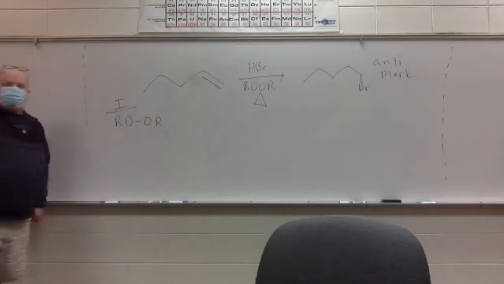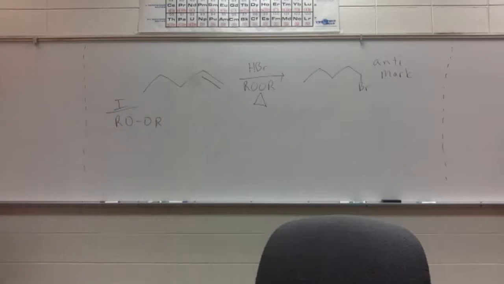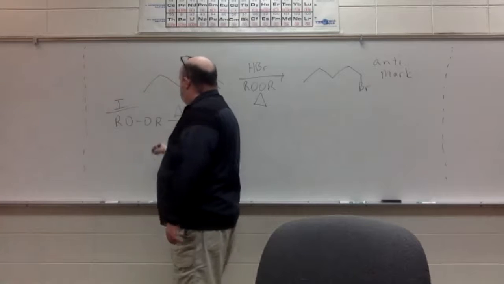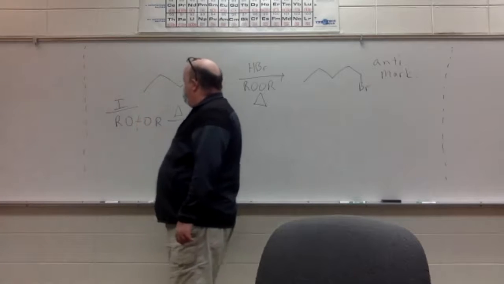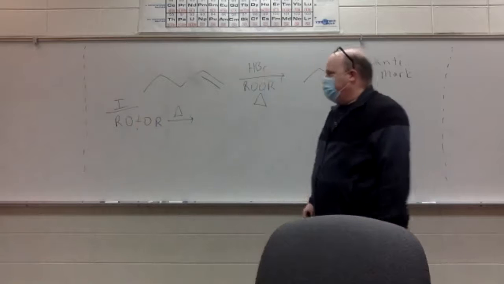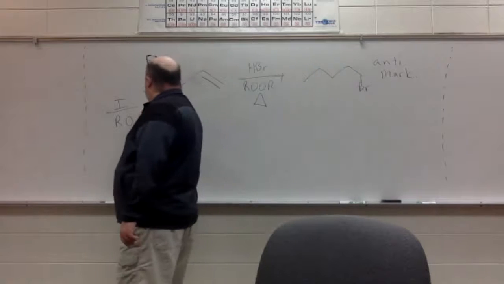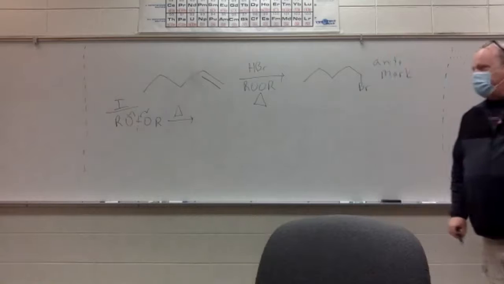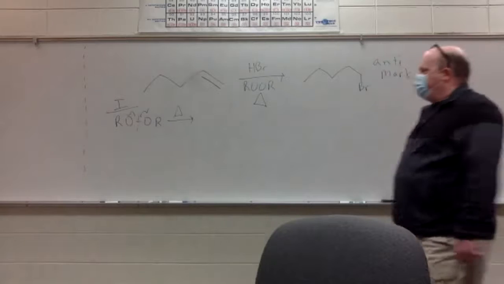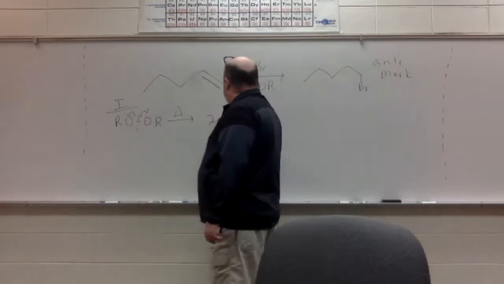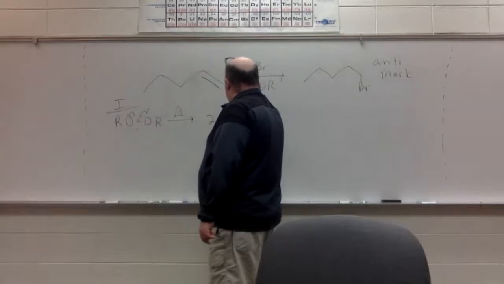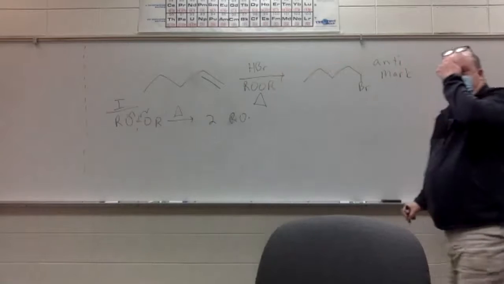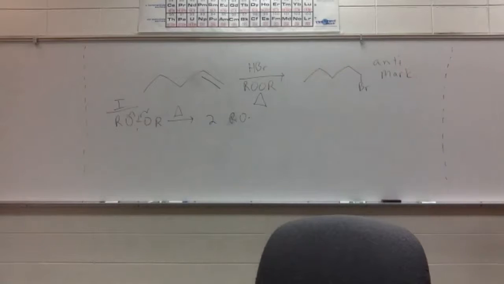First, your peroxide is going to break apart. Peroxides have very weak O-O single bonds, so whenever heat is applied, that peroxide is going to break up. You're going to end up with a couple of initiator radicals.